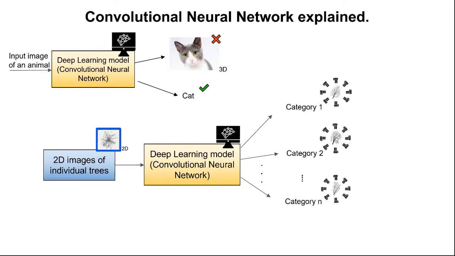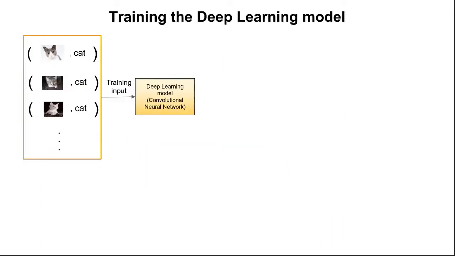Okay. So we have to assign a category label to each of the 3D models. And the biggest question is, how do we train the deep learning model? For example, in a deep learning model to detect an animal, we have to give a lot of input image and label pairs.